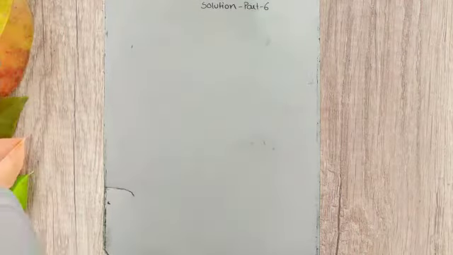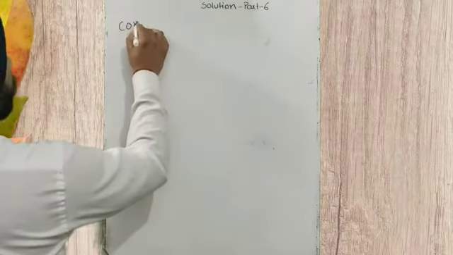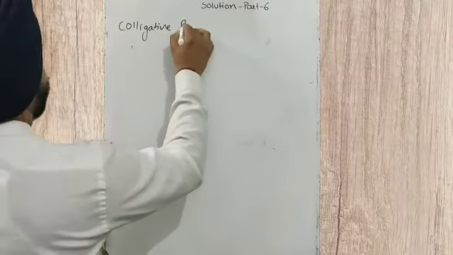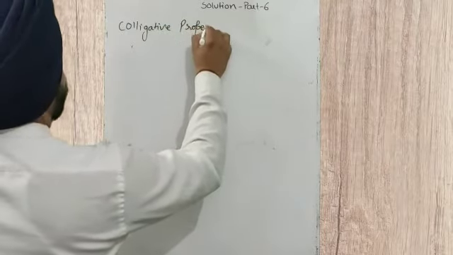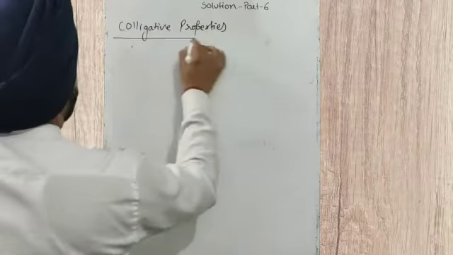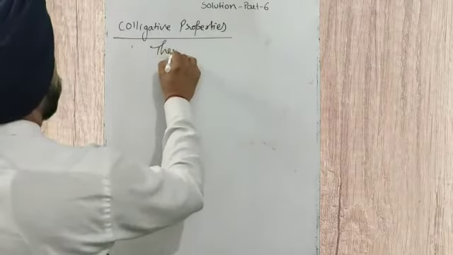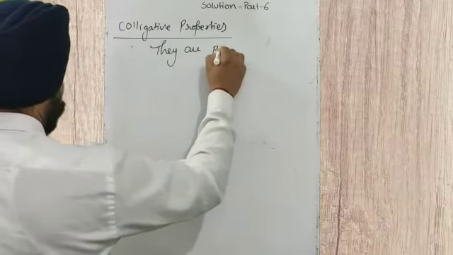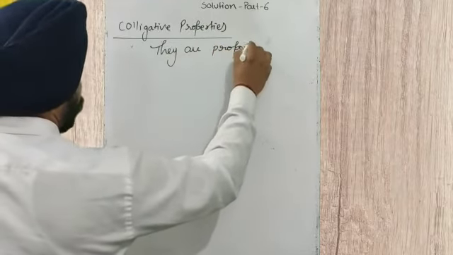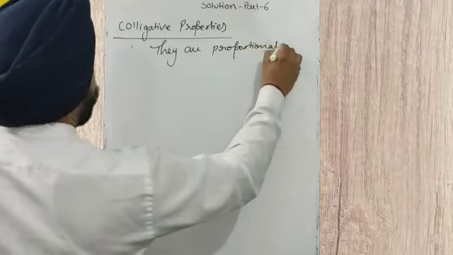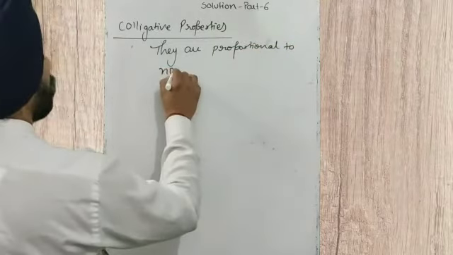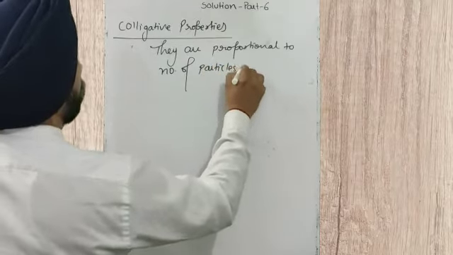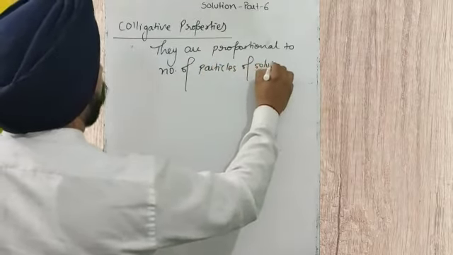First I am going to write what a colligative property is. Colligative properties are those properties which are proportional to the number of particles of solute.